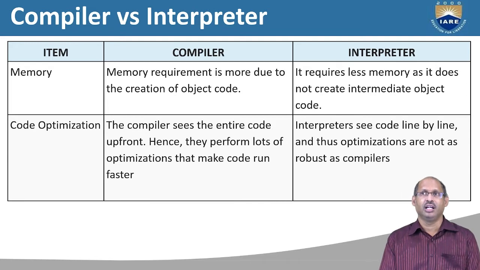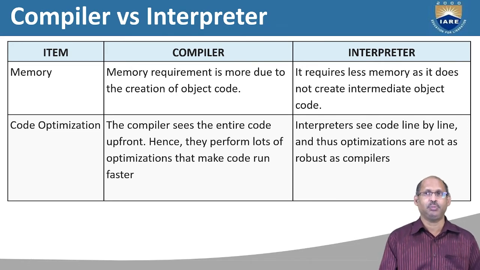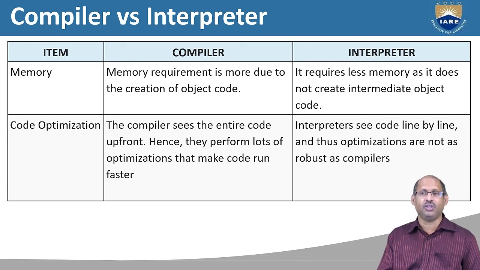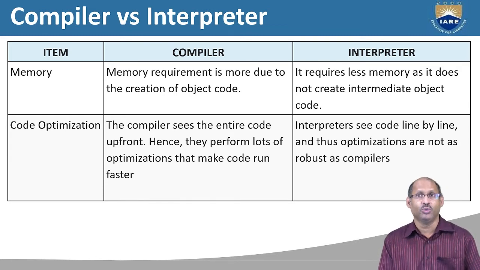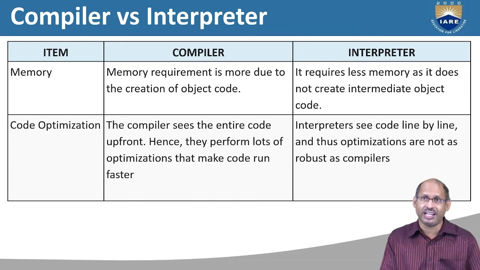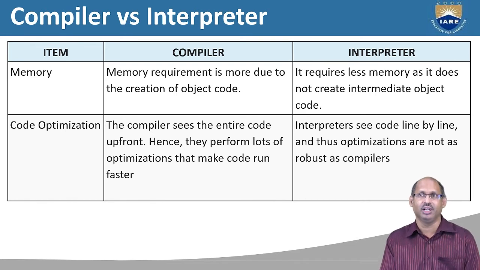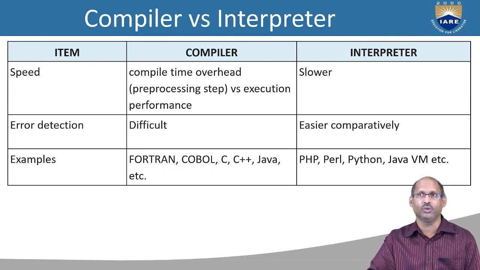In the compiler, it sees all the statements at a time, so it can be updated. But the interpreter cannot see the next statement. It can only see and analyze the current statement, so it cannot perform optimizations on the code.